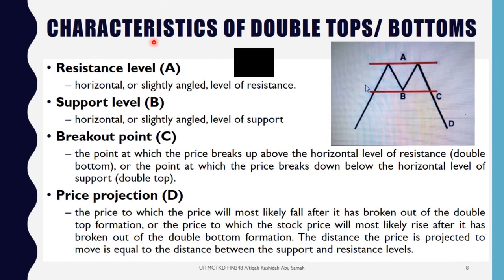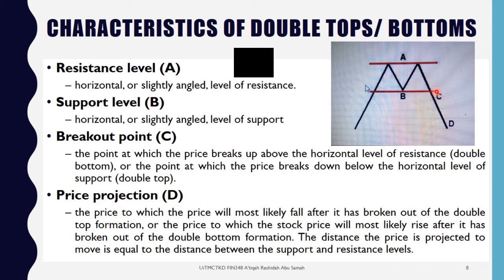All right. So this is the characteristic of double tops or double bottoms. You look into this one. We put A, B, C, and D for your quick reference. So A is for the resistance level. Remember this one. And then support level B. We want to support something, right? And then breakout C. Breakout because the price breaks the line, we call it a breakout. Then the price projection.